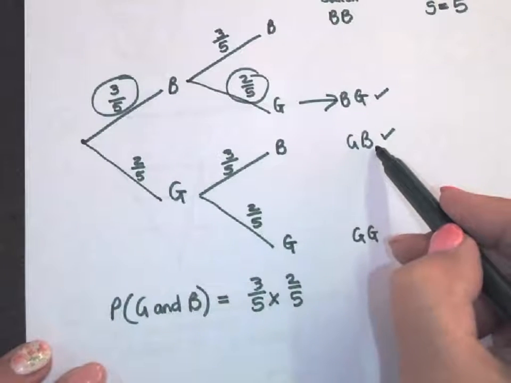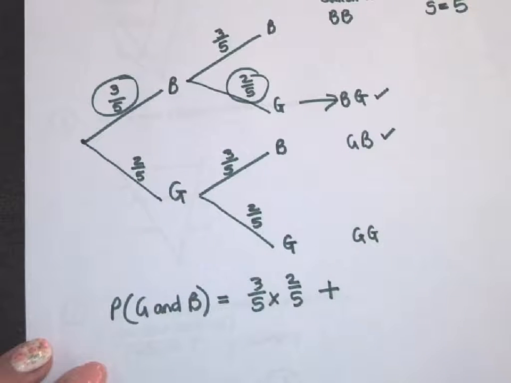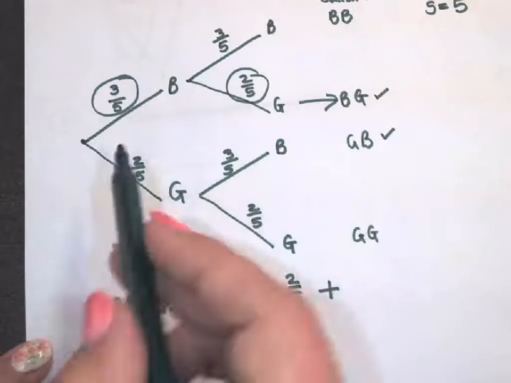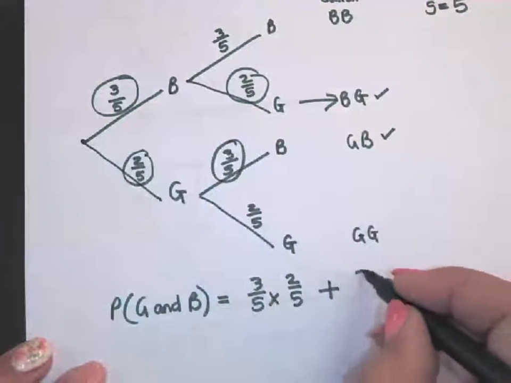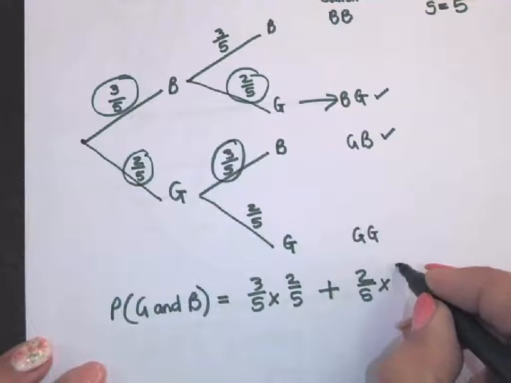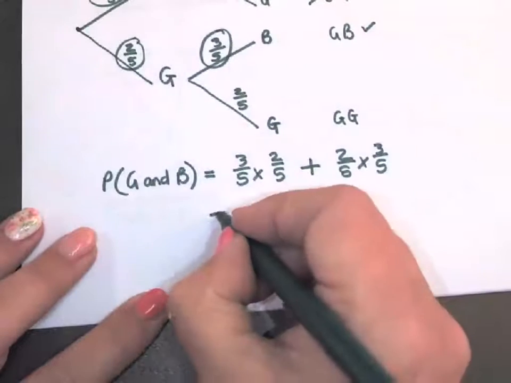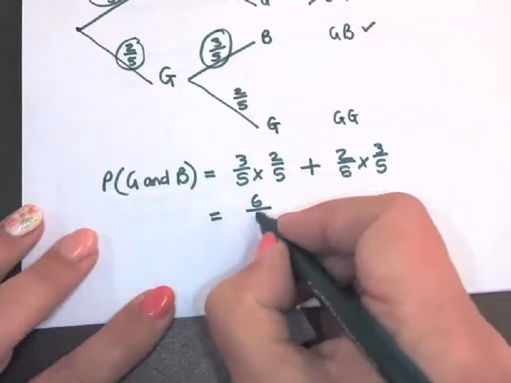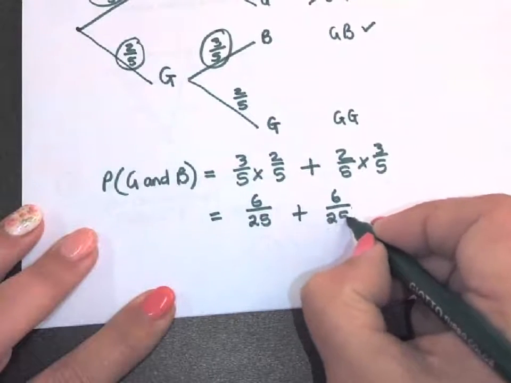And we have this one. So it's a plus. Or this one, 2 out of 5 times 3 out of 5. And then you get your answer, 6 over 25 plus 6 over 25.